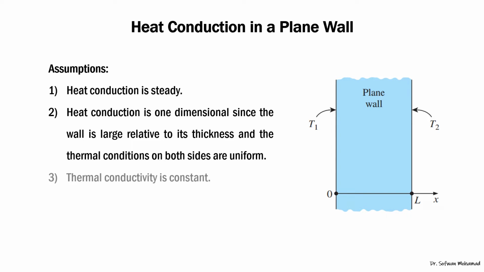Assumption number 3, thermal conductivity across the plane wall is constant. And number 4, there is no heat generation, because we don't get any information about heat generation from the question, so we assume there is no heat generation.